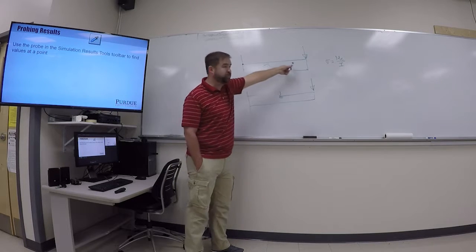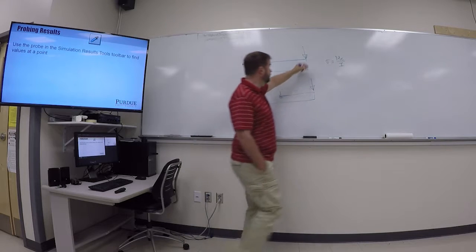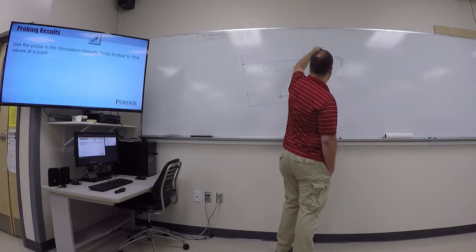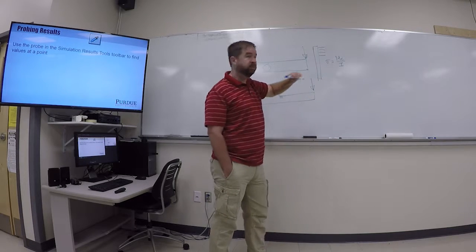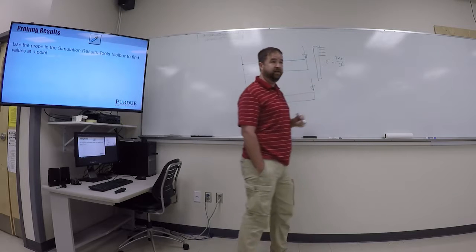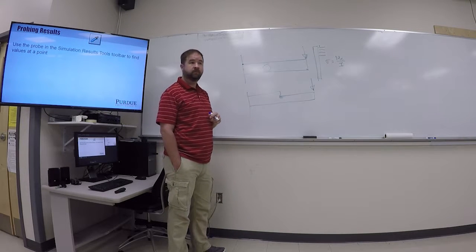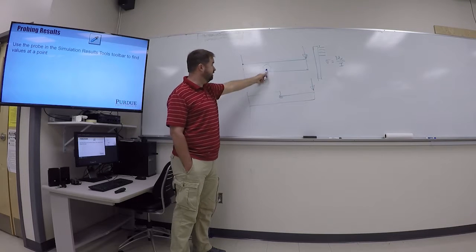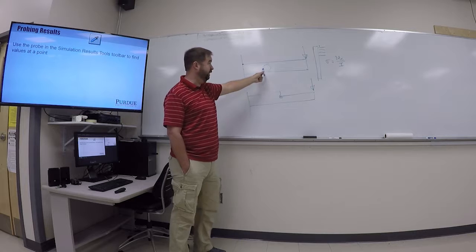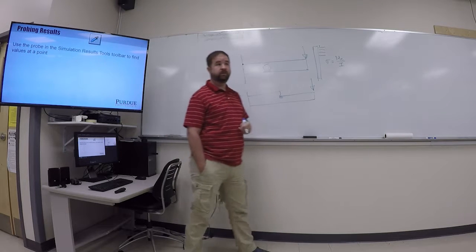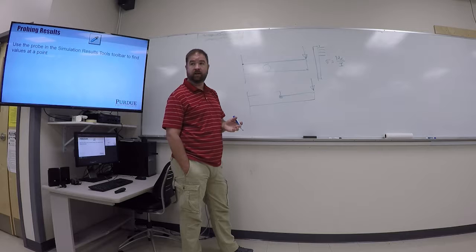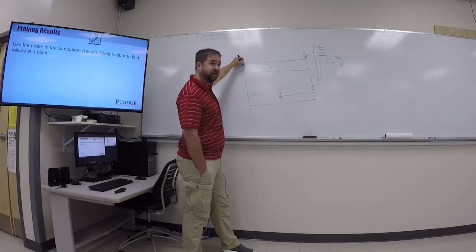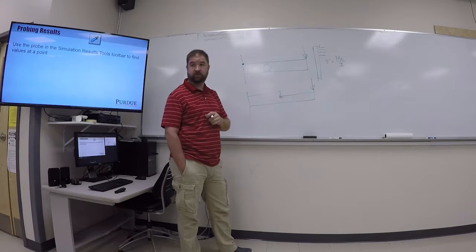But if I do this problem in SolidWorks and I get the numbers and the colors, the value that's up here at the top is going to be the highest value of stress, right? Okay? And if the highest value of stress is over here, how do I compare that to my MC over I equation? Well, I can't. Okay? So I need to use the probe tool to probe what is the stress over here so I can compare that stress to my hand calculation.